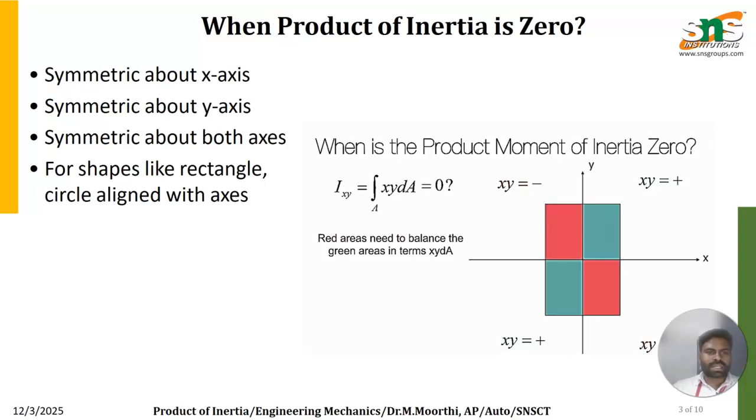Another case is shapes like rectangles and circles aligned with the axes, where the centroid lies at the midpoint of each section. The product of inertia Ixy is the integration of xy with respect to the area of the particular section.